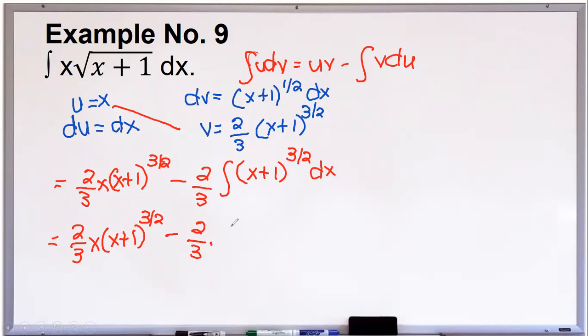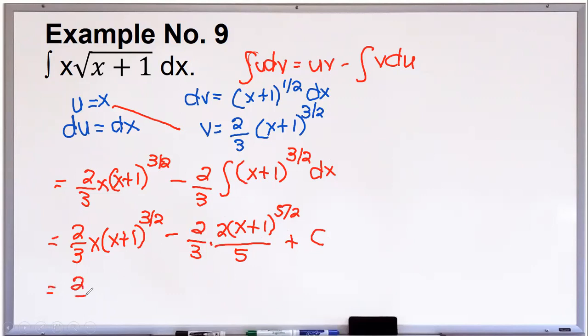So x plus 1 raised to 5 over 2. So 3 halves plus 1. So magiging 5 over 2 siya over 5 over 2, or this is also simple as 2 over 5 plus c.